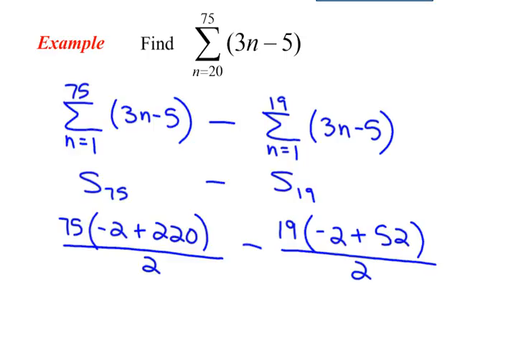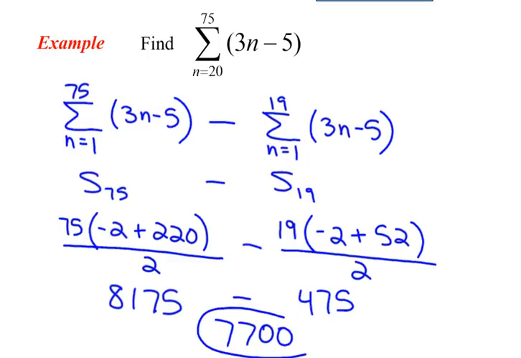So we use the calculator, we find out the sum of the first 75 terms is 8,175. And then we're going to subtract the sum of the first 19 terms, which is 475. And 8,175 minus 475 is 7,700. So that's the sum of the 20th through the 75th terms of 3n minus 5.